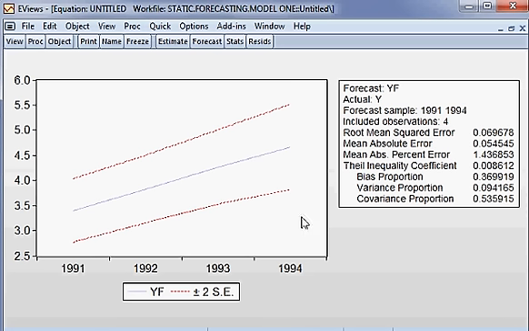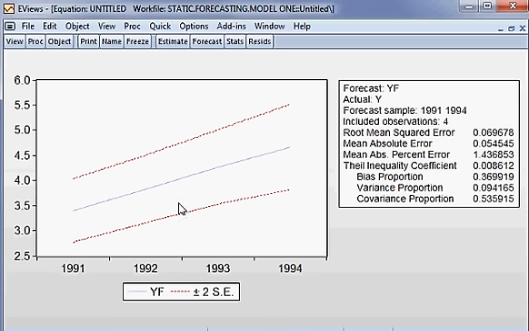And actually the whole thing is the 95% confidence interval. You can see the gap between two standard deviations. So this one is called the 95% confidence interval.